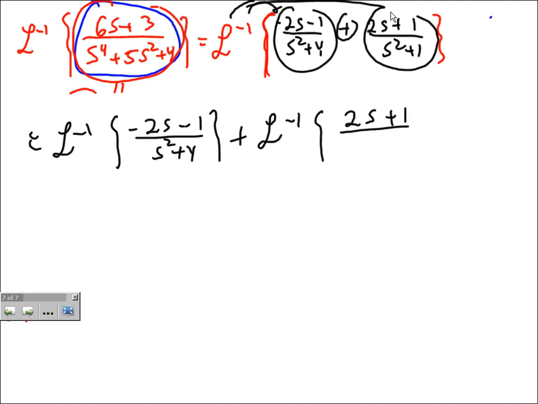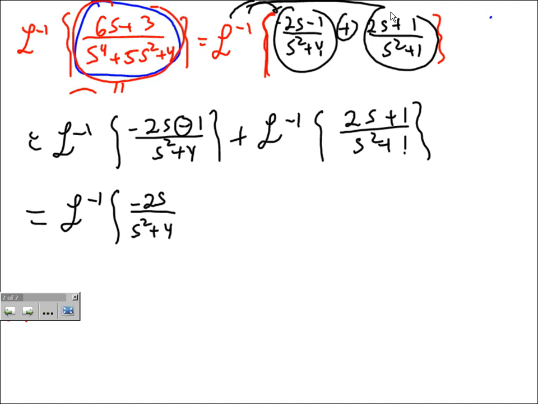Now you can skip any of these steps that I'm doing. The numerator, we have a subtraction. So it's the same as negative 2s over s squared plus 4 minus 1 over s squared plus 4.